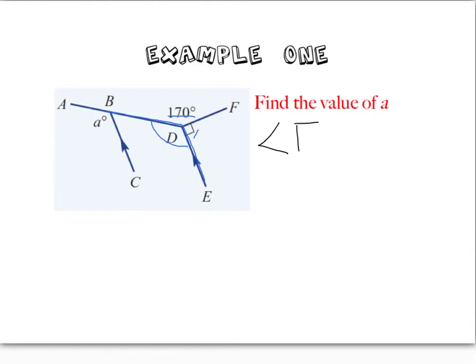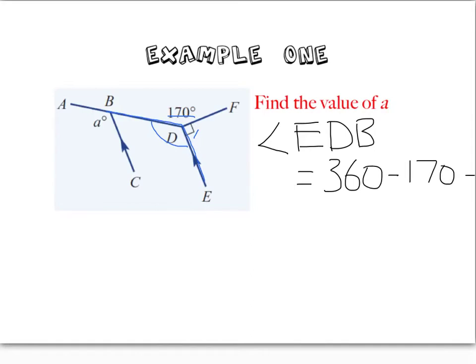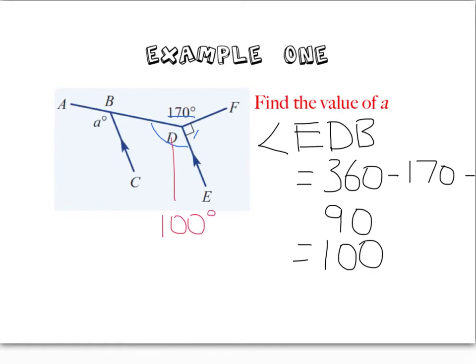Angle EDB must equal 360 minus 170 minus 90. And if I work that out, I come to an answer of 100, which must mean D in here is equal to 100 degrees.